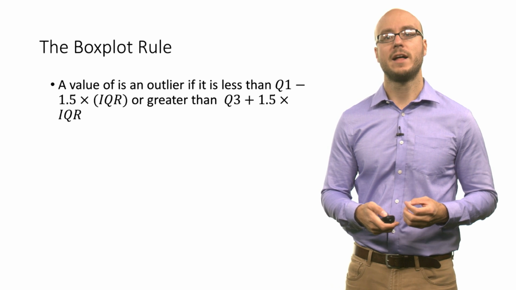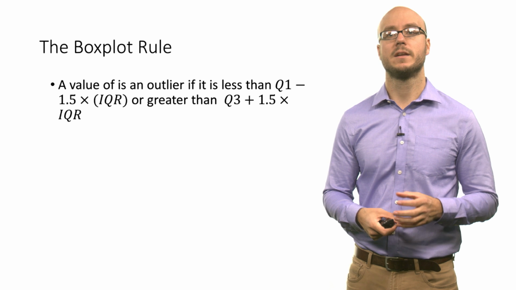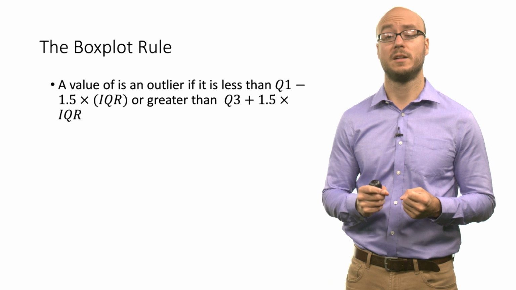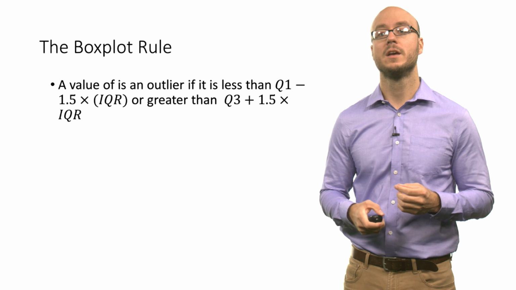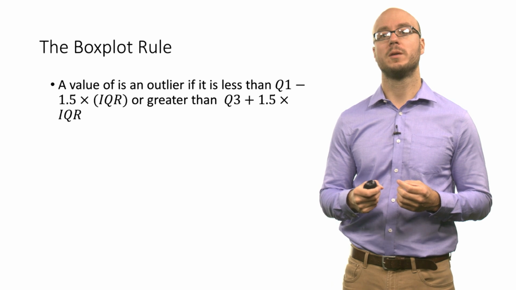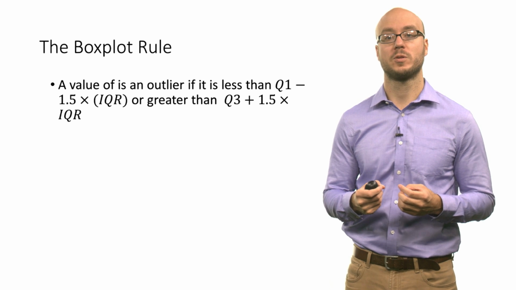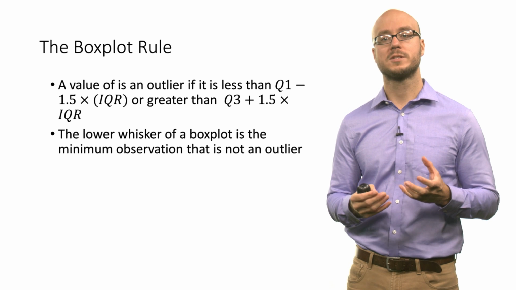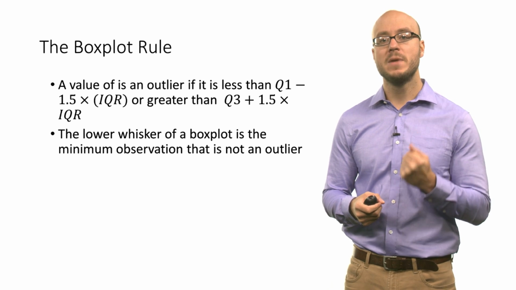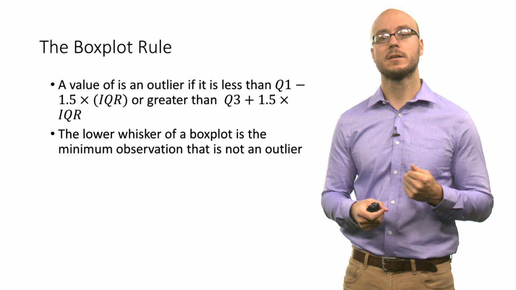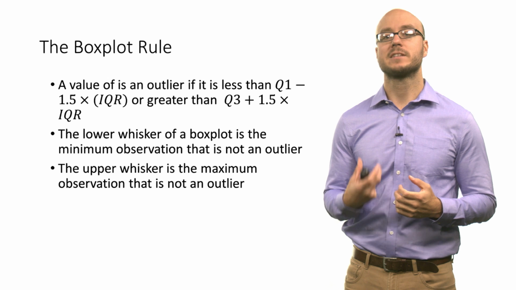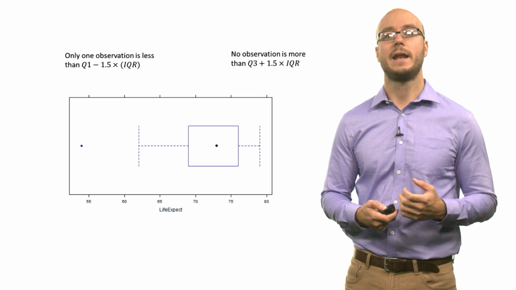The idea is that a value is an outlier if it is less than the first quartile minus 1.5 times the interquartile range, or greater than the third quartile plus 1.5 times the interquartile range. So when you look at a box plot, the lower whisker is that minimum observation that is not an outlier. Then the upper whisker is the maximum value of an observation that is not an outlier.